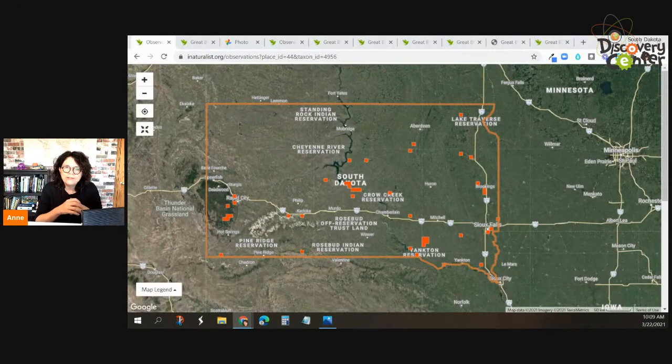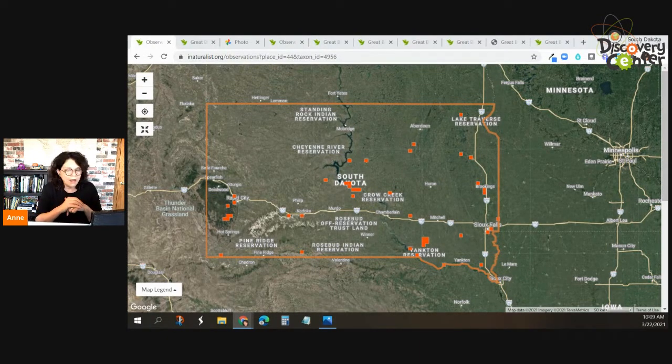In iNaturalist, anybody, people like you and me and your parents and your teachers and grandparents, whoever wants to, can take pictures or record sounds and upload them to a website where anybody else in the world can look at their observations. Specifically, they're making observations of organisms.